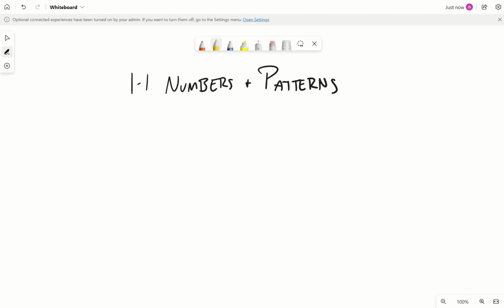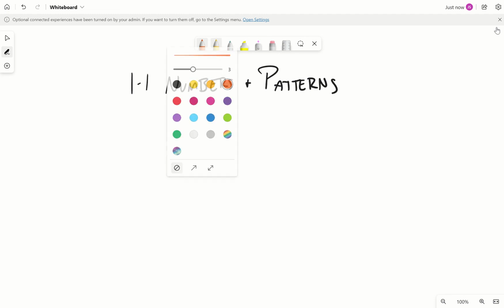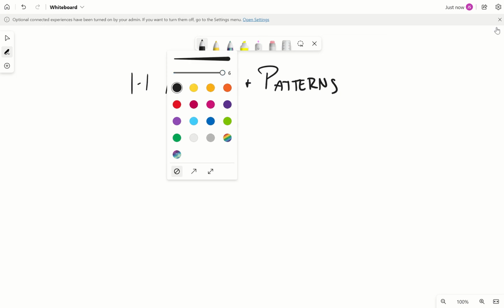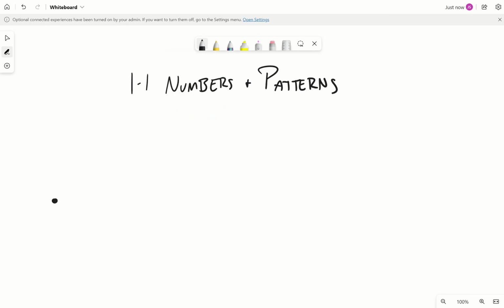So, let's say, one more time. I'm going to do one more pattern, and this is going to be your way to solve before we go. Make this bigger. All right, we're going to say, there's our first one. There's our second one.